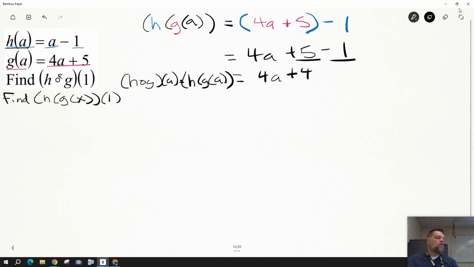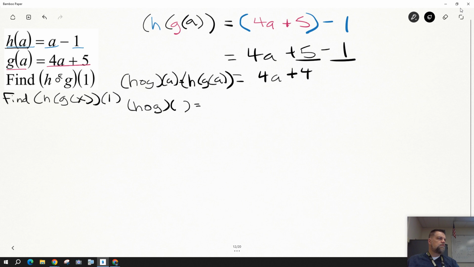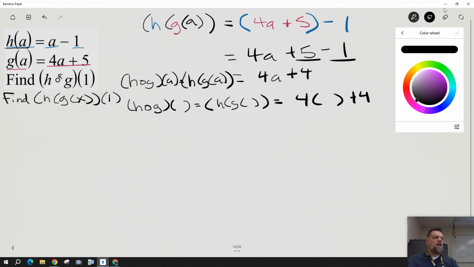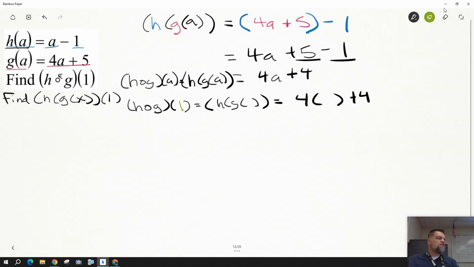Anyways, but now we want to evaluate that at 1. So really, when they say h of g, which is really the same as h of g, when they say evaluated at 1, what they're saying is plug the 1 in wherever there's an a.